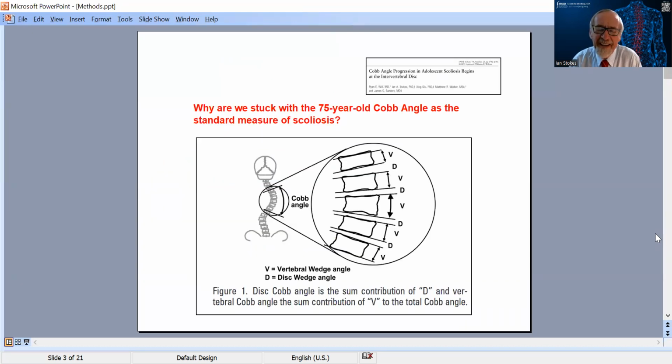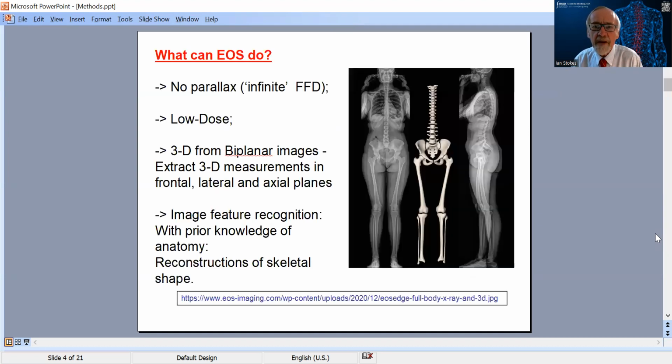So we have to ask, why are we stuck with a 75-year-old Cobb angle as the standard measure of scoliosis? Can we do better than that? Well, EOS offers some advantages. It's effectively no parallax, infinite film focus distance, so no distortion.